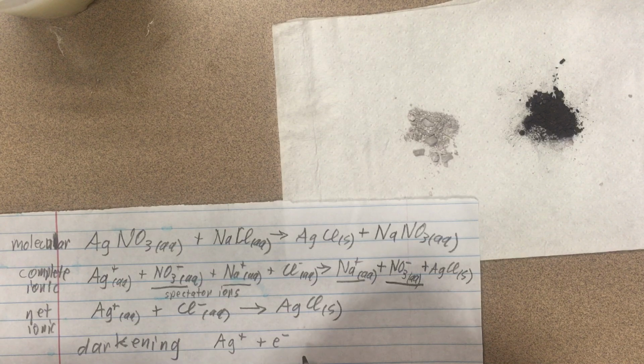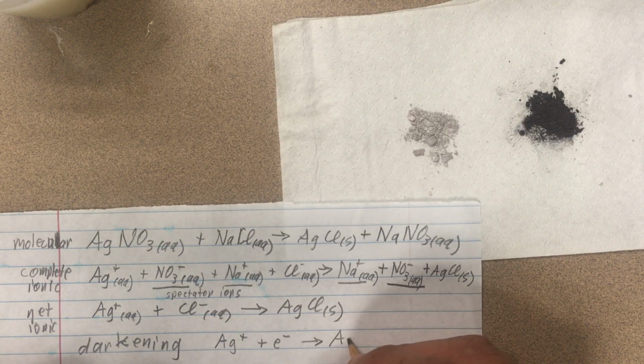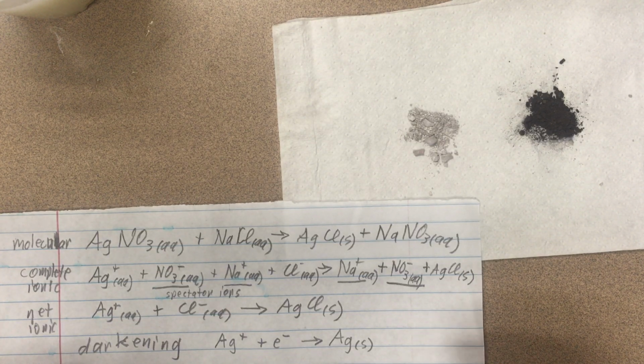They're coming off of probably the chloride ions, and the silver ions pick up electrons to become solid silver metal. Okay, this is an example of what we call a reduction half reaction, and it turns out silver darkens pretty easily when it's exposed to light and other environmental factors.